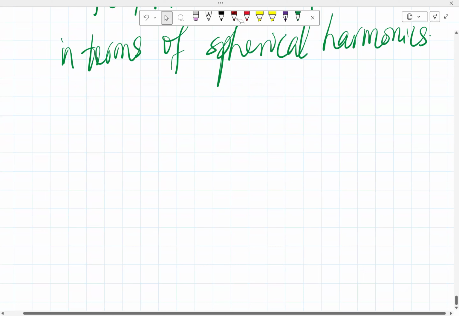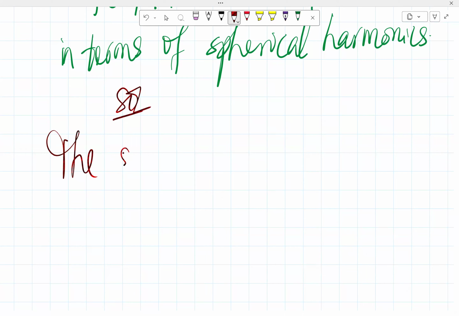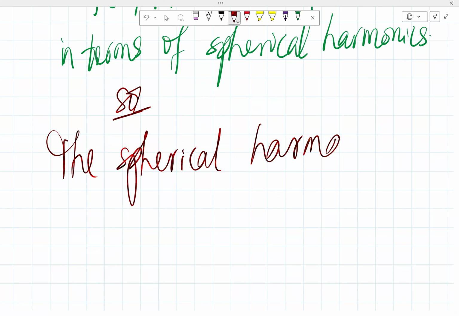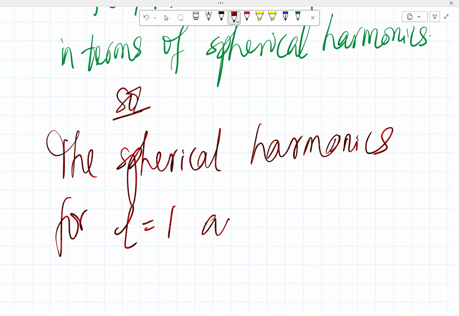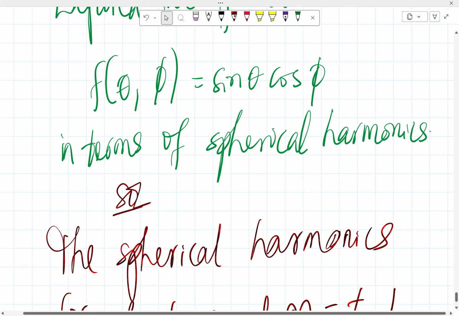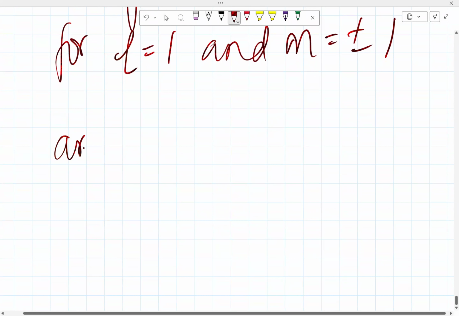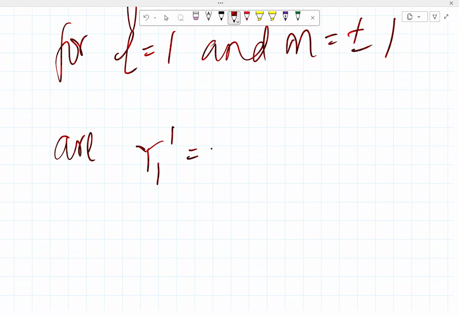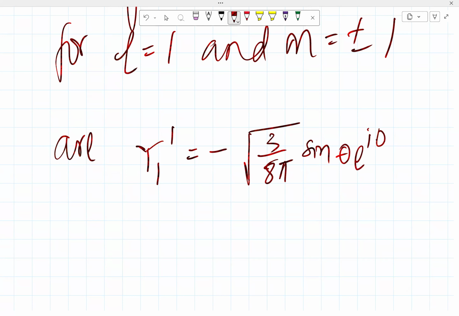So the first thing, we want to recall the relevant spherical harmonics, right? So we see that the spherical harmonics for L equals 1 and M equals plus or minus 1 are Y_11 equals minus square root of 3 over 8π sine θ e^(iφ).